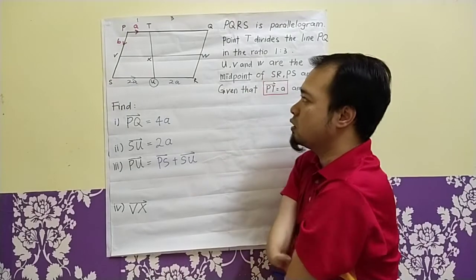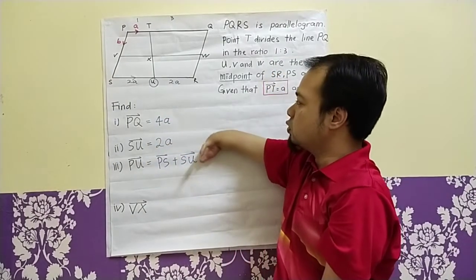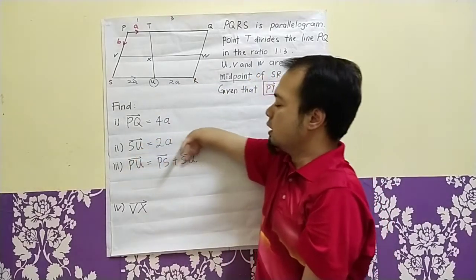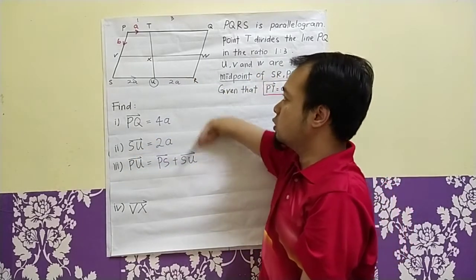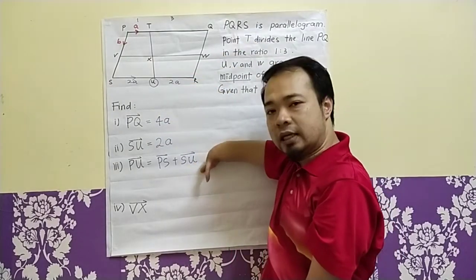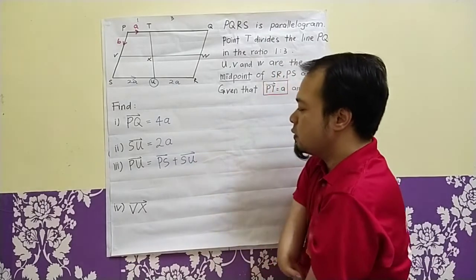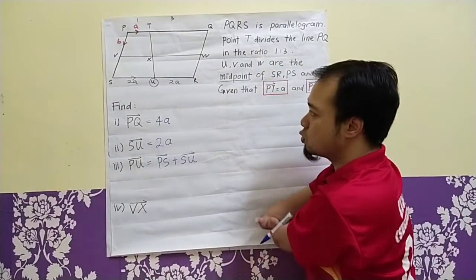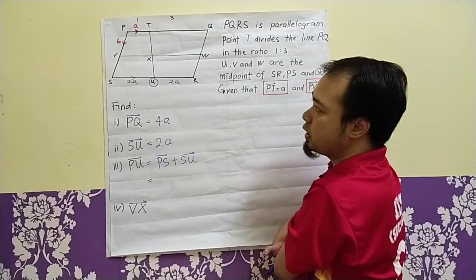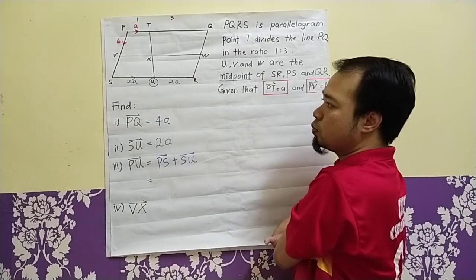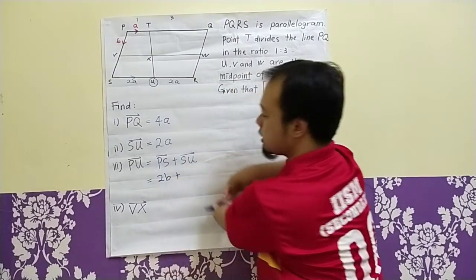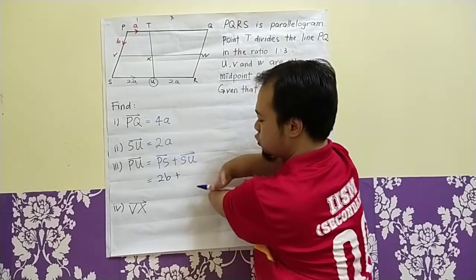Actually, to get the vector PU, it's up to you which direction you choose. One option is PS plus SU, or you can go PQ, QR, RU. Choose whichever is easier. For this one, we go from P to S, and then S to U. PV is 1B, so PS is 2B, plus SU, which is 2A.